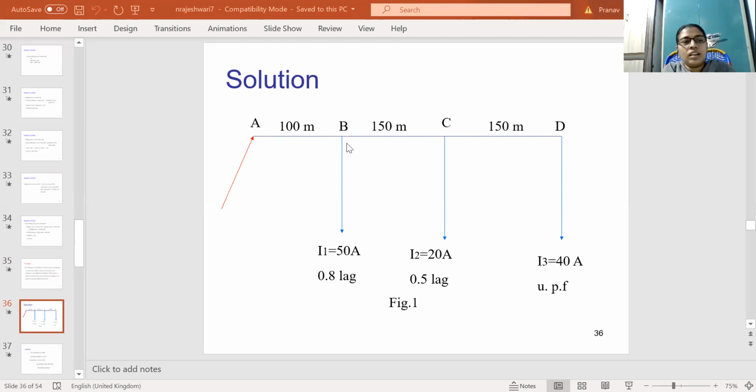So this is the line diagram of the distributor A to D. A to B is 100 meters, B to C is 150 meters, and C to D is 150 meters, and I1 is equal to 50 amperes at 0.8 lag, I2 is 20 amperes at 0.5 lagging, and I3 is 40 amperes at unity power factor.